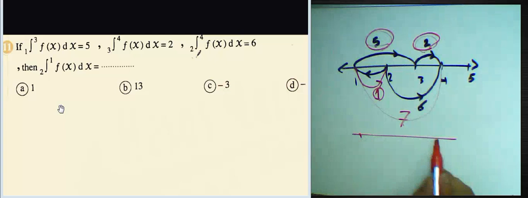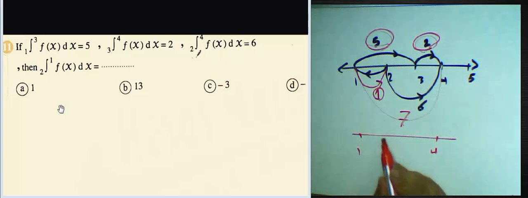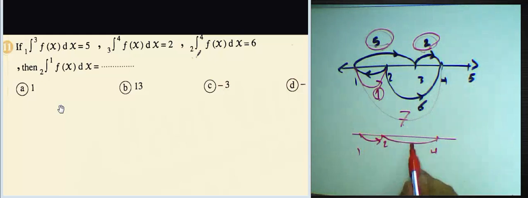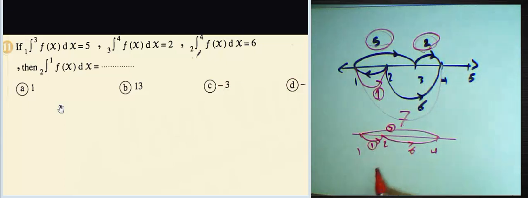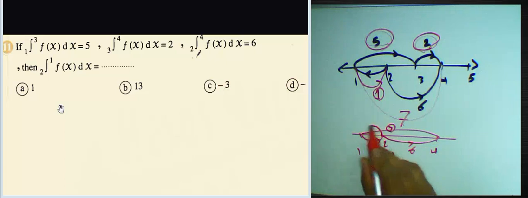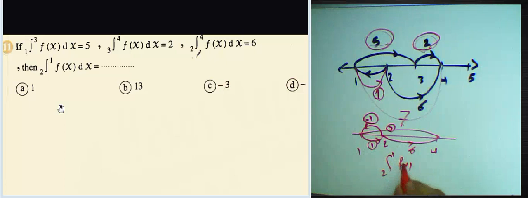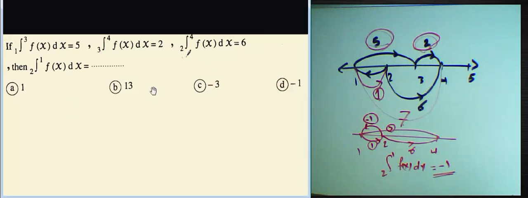Okay, we have here 1 and 4 and 2, they give us 1 to 2 and 2 to 4 is 6, and it was 7. 7 minus 6 equals 1. Then in this example we want to find integration from 2 to 1. The inverse of 1 will be negative 1, so the result will be negative 1 for this example. Choose letter D.